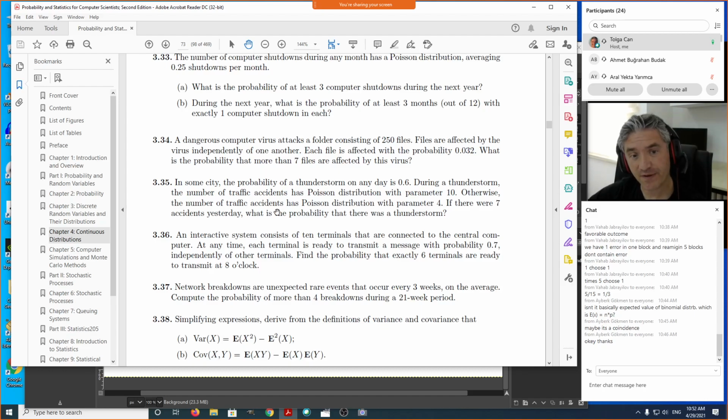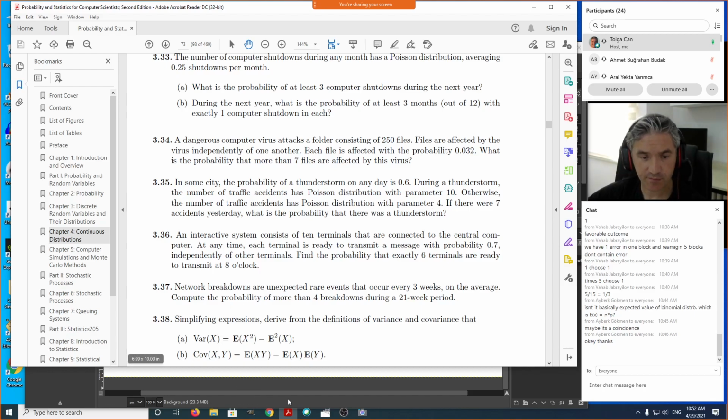Otherwise, the number of traffic accidents has Poisson distribution with parameter 4. So if there's no thunderstorm, there are 4 accidents per day. If there's thunderstorms, there are 10 accidents per day. Now, if there were 7 accidents yesterday, what is the probability that there was a thunderstorm?